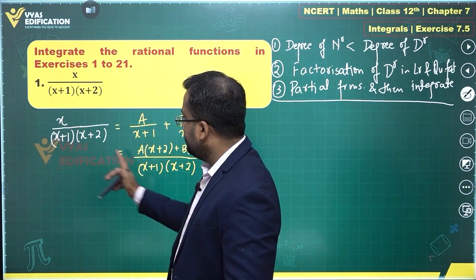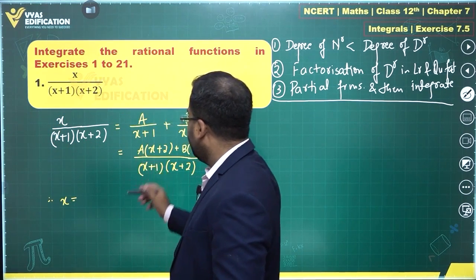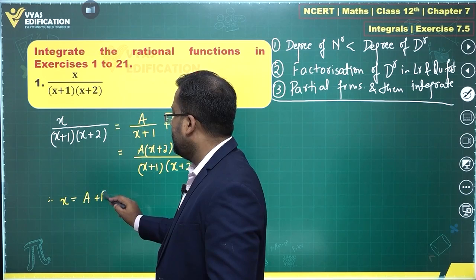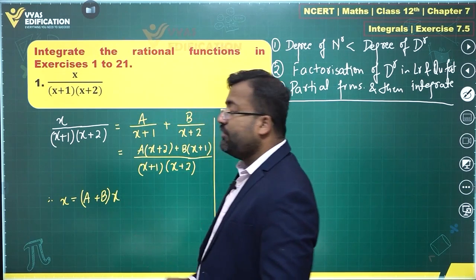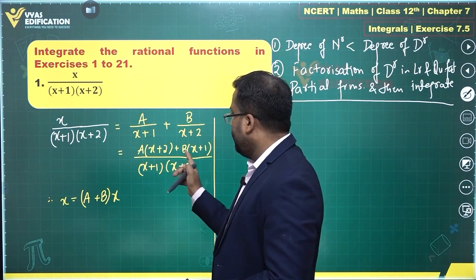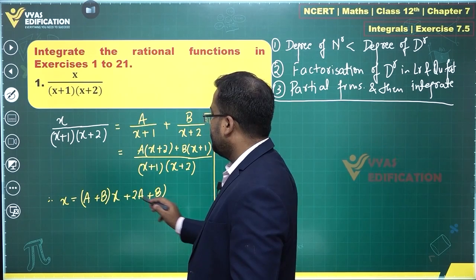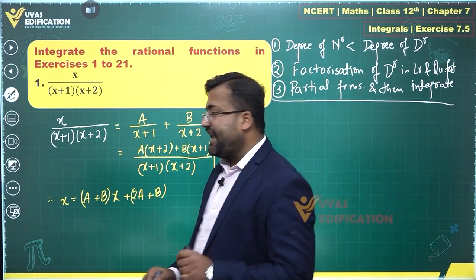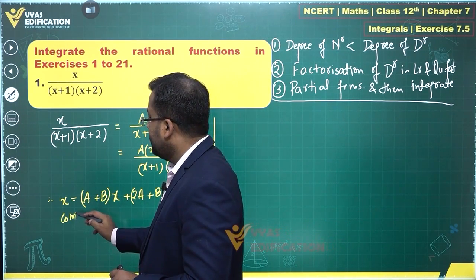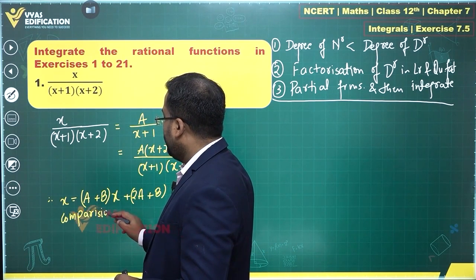If the denominators are equal, therefore the numerators have to be equal: x equals (A plus B) times x plus 2A plus B. Do you observe the numerator on the right hand side? Yes, Ax plus Bx will be (A plus B)x, and 2A plus B will be extra. And by simple comparison, since this is always equal to this, what do you say?